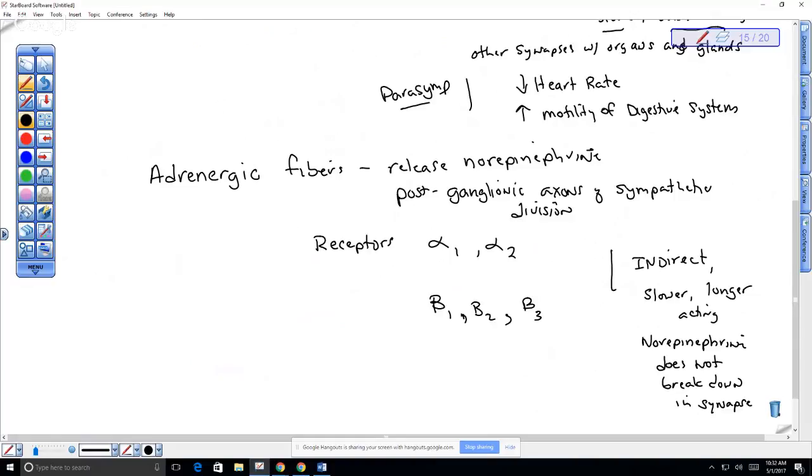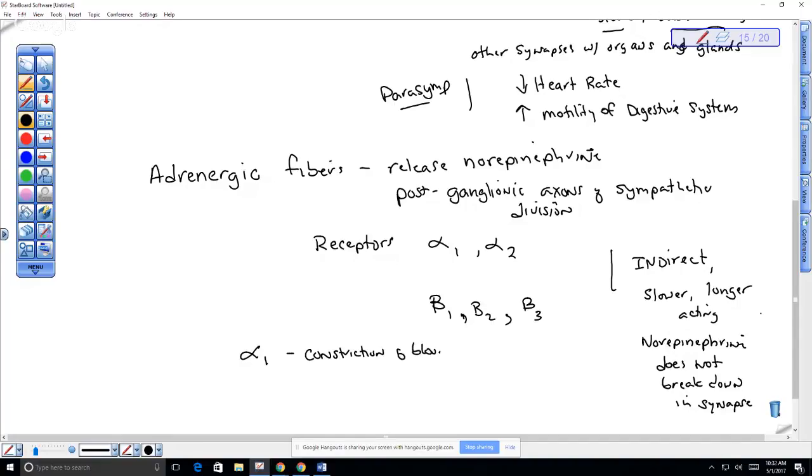Okay, so just to describe how these different receptors might act, as an example, and then I'm going to give you another worksheet. The alpha-1 receptor would be found on blood vessels, and it would cause the constriction of blood vessels.